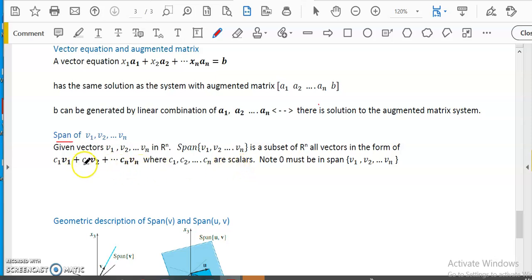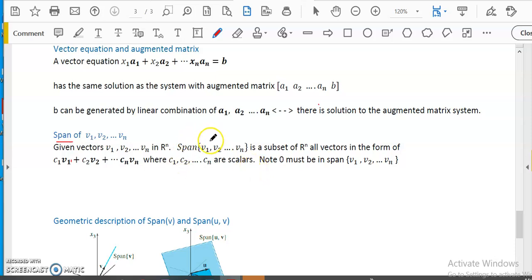If I add v1, v2, up to vn together using any scalars I want, say 1 of v1 plus 5 of v2 plus 100 of v3, every single vector I can form is in the span of v1 to vn. And because 0 is a scalar, you can add 0 times every vector, so 0 must also be in the span.